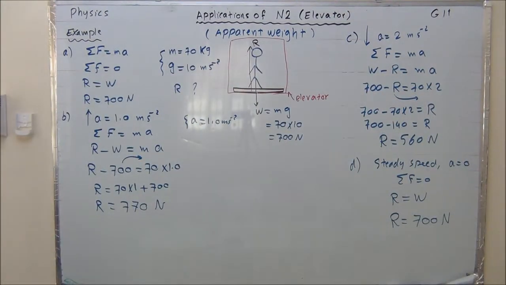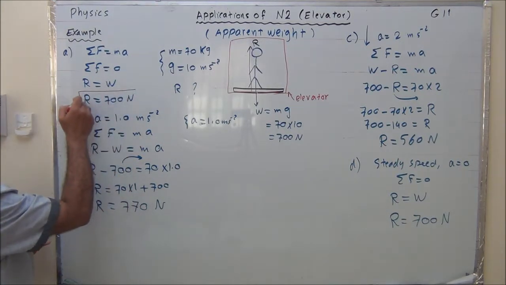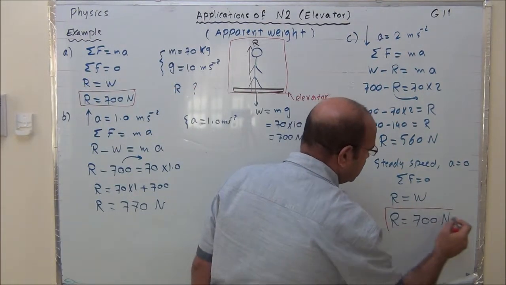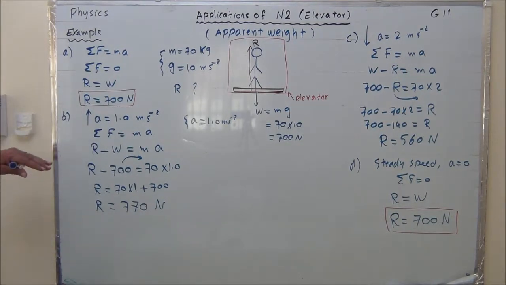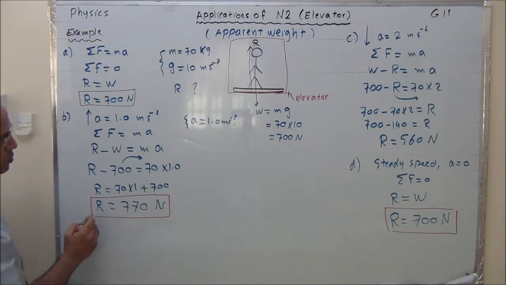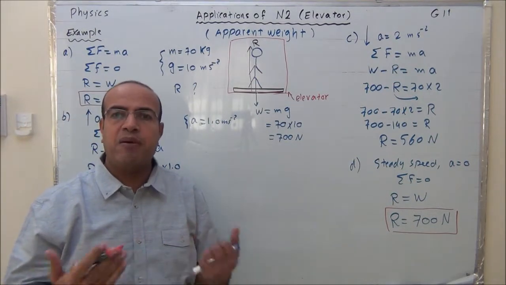So in the first case, when it is at rest, R equals 700. It is the same as steady speed. So the normal contact force is 700. The second case, when the lift is moving upward, the normal contact force increases. It's more than the normal contact force, which, as we said before, is the apparent weight.